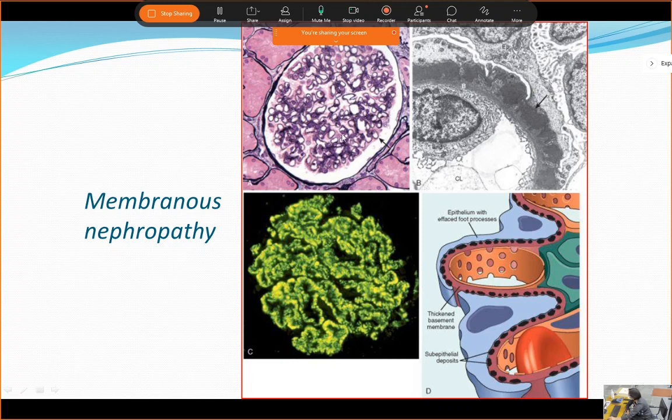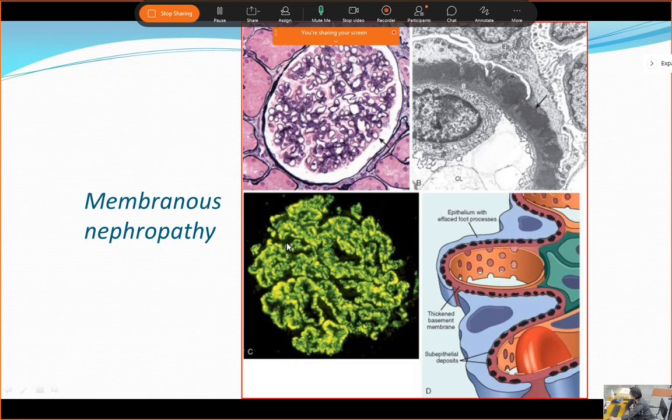But if you get a picture like this which has actually lumen is patent but the basement membrane is thickened, okay, this is all thickened basement membrane, the glomerulus looks almost as if it's normal, but the immunofluorescent picture looks bumpy, lumpy like this. And this is membranous nephropathy, which is again a disease which usually causes nephrotic syndrome, okay?